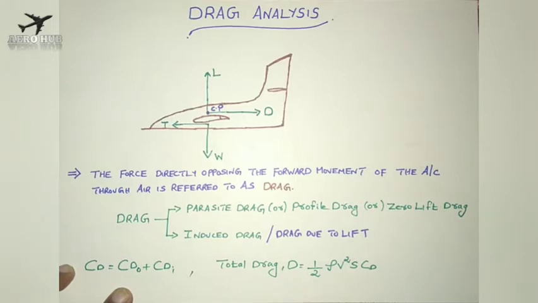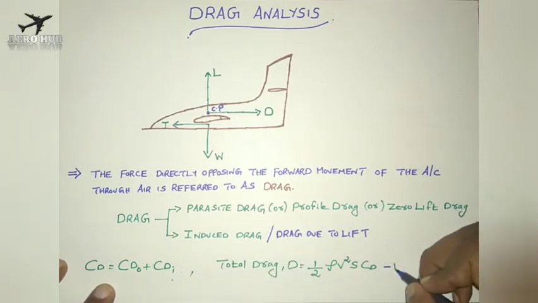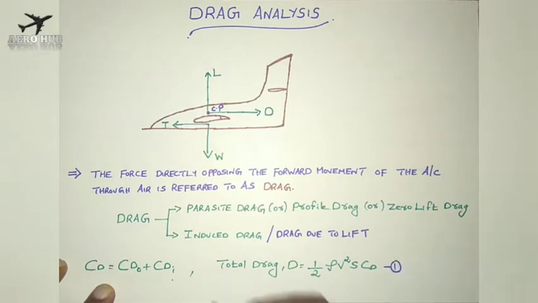Okay, so total drag is given by capital D is equal to half rho V square S into CD, where rho is the density, V is the velocity, S is the wing area, and CD is nothing but coefficient of drag. And this CD is equal to CD naught plus CDI. Okay, I put this equation as equation number 1, and this is equation number 2.